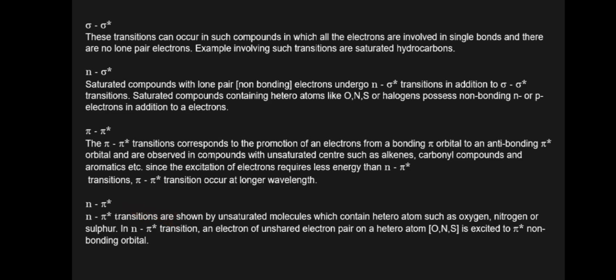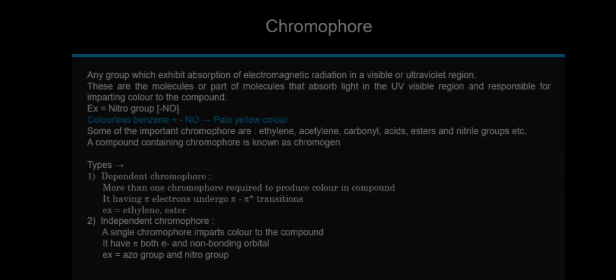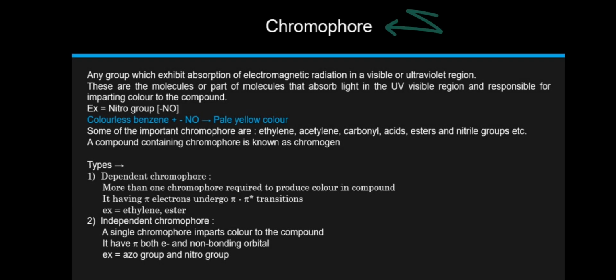N to pi star. N to pi star transitions are shown by unsaturated molecules which contain heteroatoms such as oxygen, nitrogen or sulfur. In n to pi star transitions, an electron of an unshared electron pair on a heteroatom is excited to a pi star orbital.